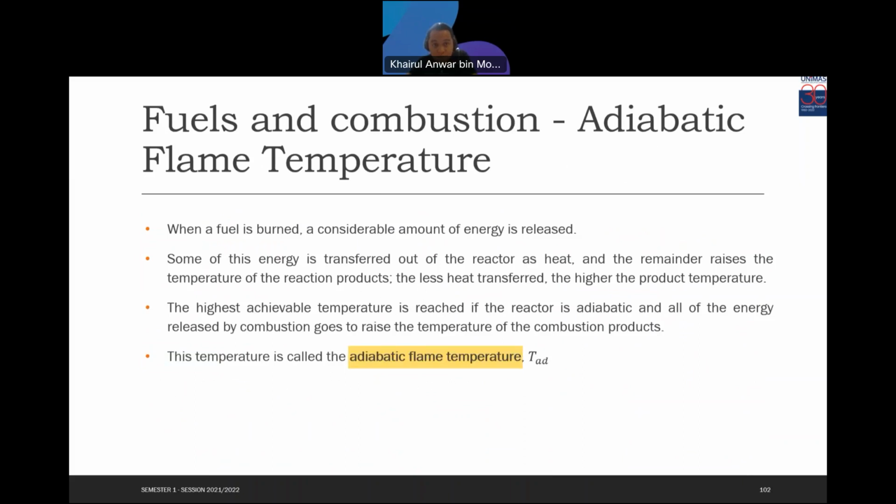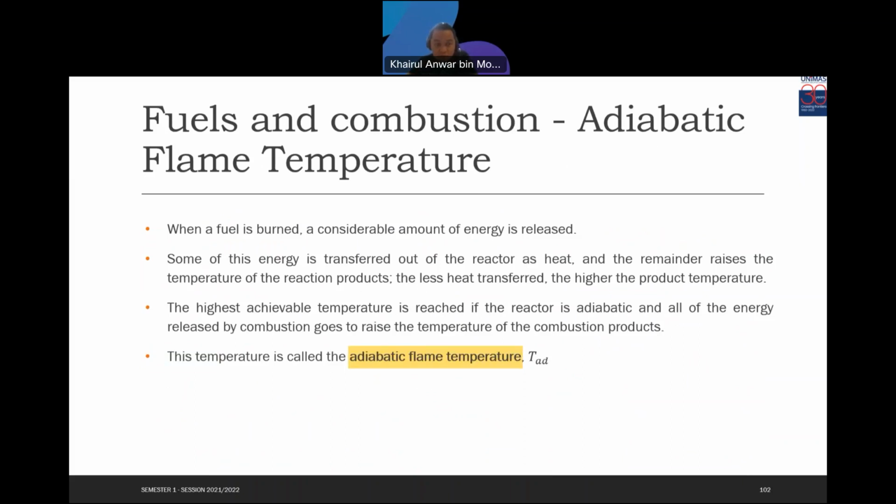Fuel and combustion: adiabatic flame temperature. When a fuel is burned, a considerable amount of energy is released. Some of this energy is transferred out of the reactor as heat and the remainder raises the temperature of the reaction product. The less heat transferred, the higher the product temperature.